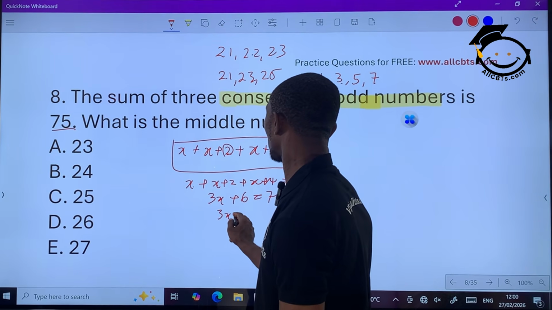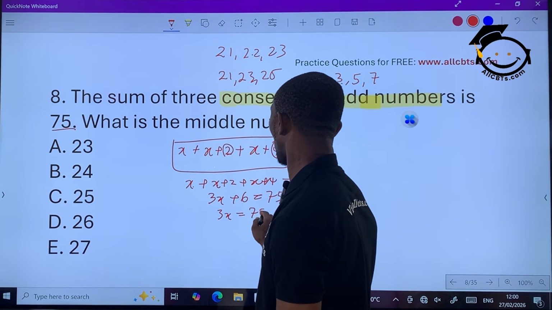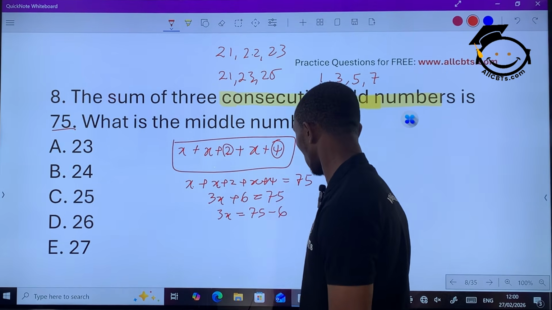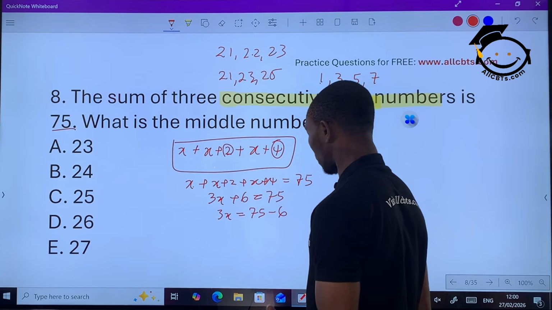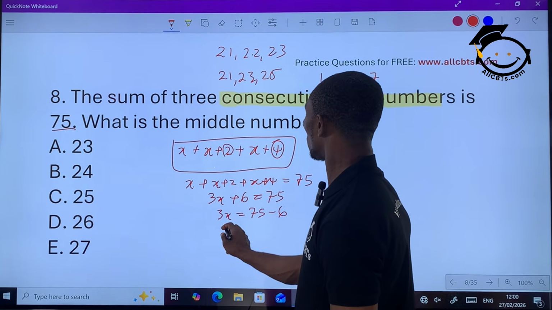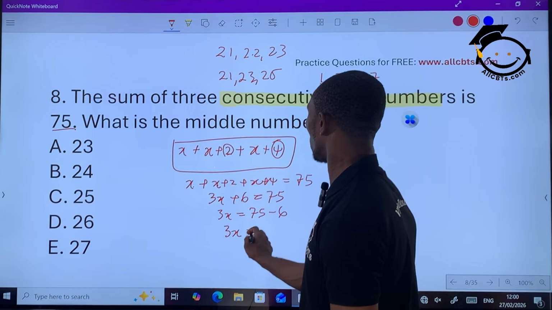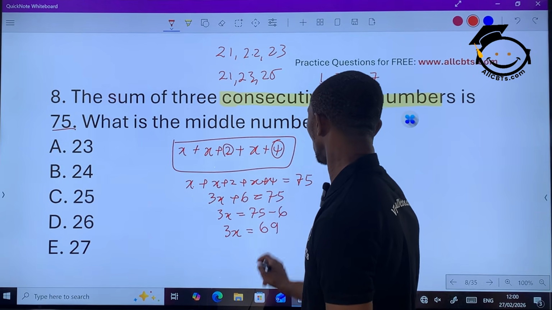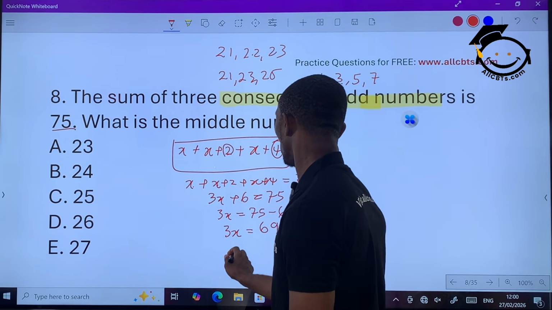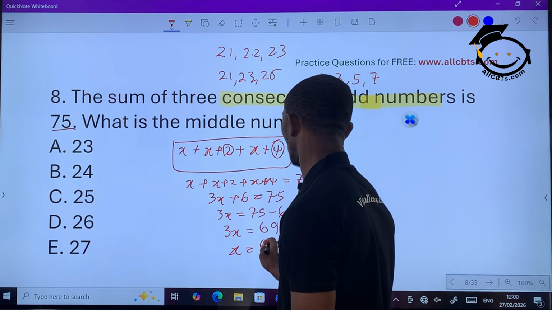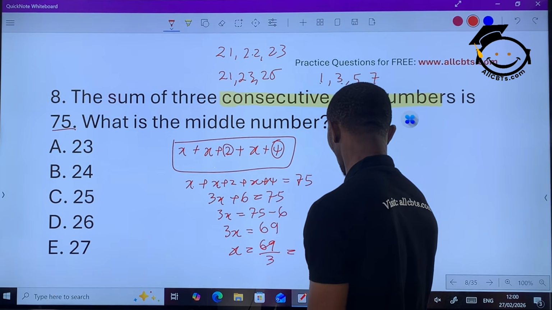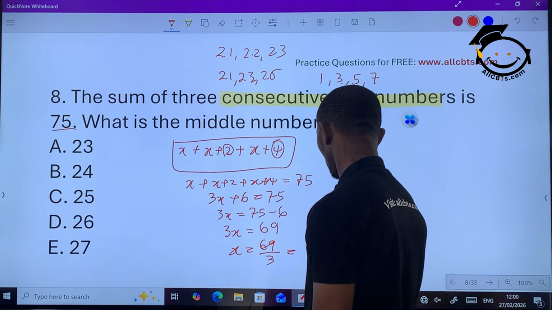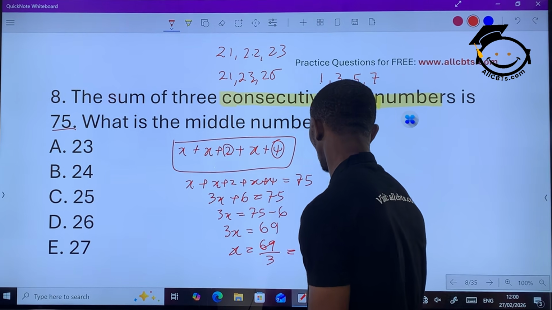So 3x equals 75 minus 6, and 75 minus 6 gives us 69. So 3x equals 69. Therefore, x equals 69 divided by 3, which gives us 23.